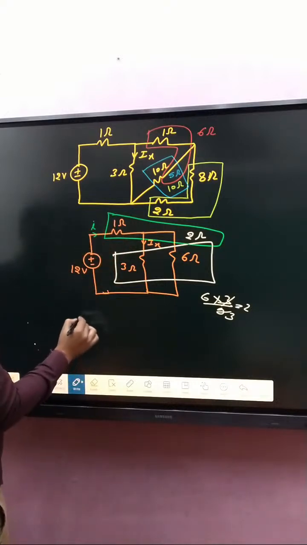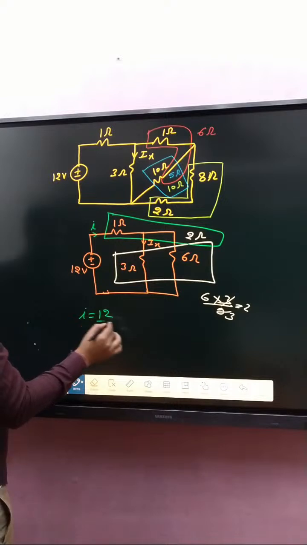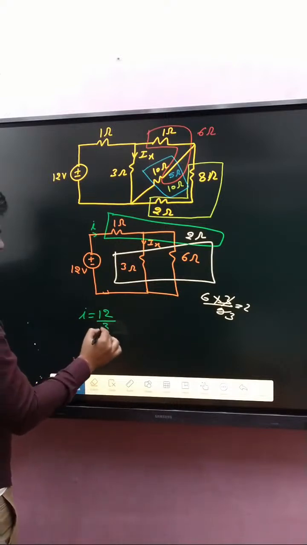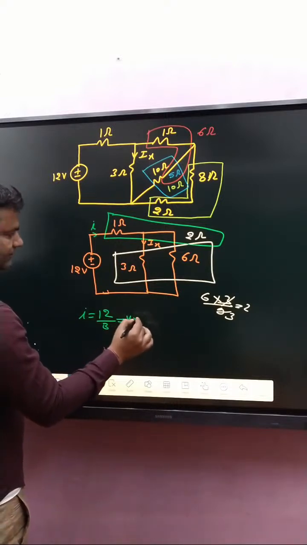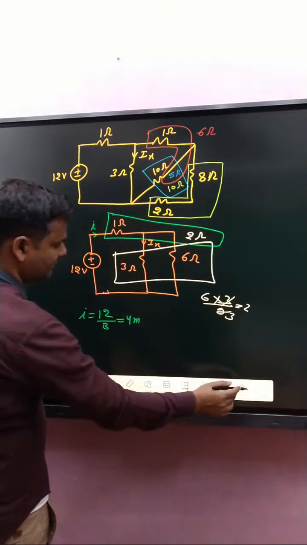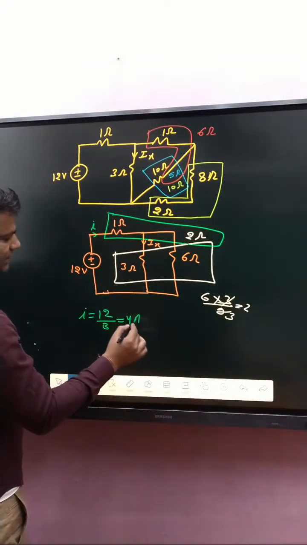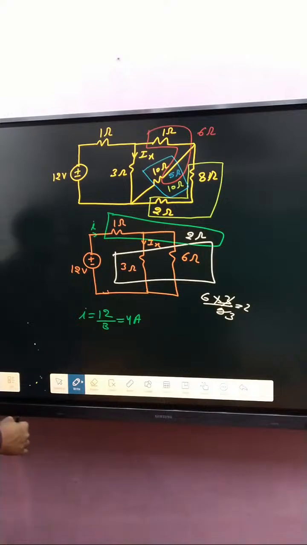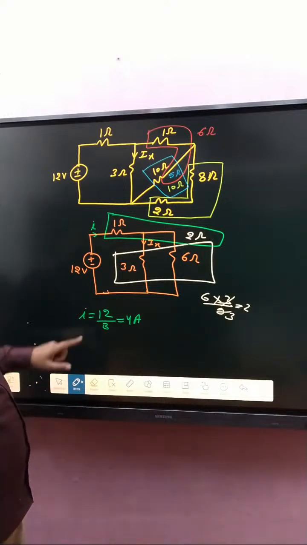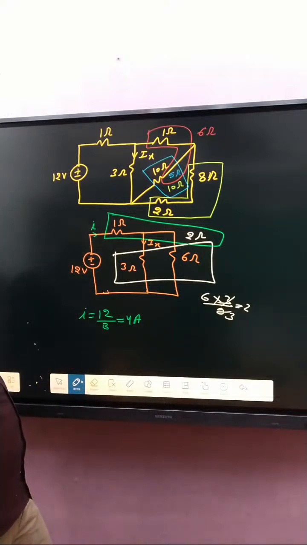So what about current I? I is written as 12 divided by 3, that is 4 ampere, not milli, because all are in ohm. So I is 4 ampere, but our target is Ix.